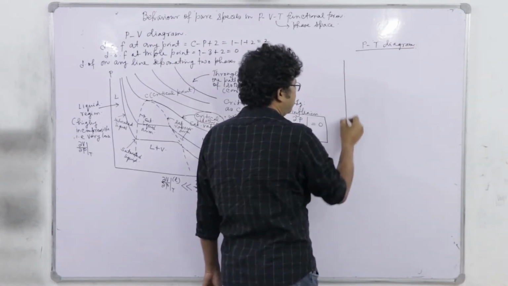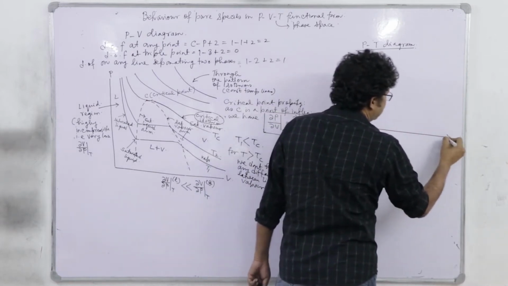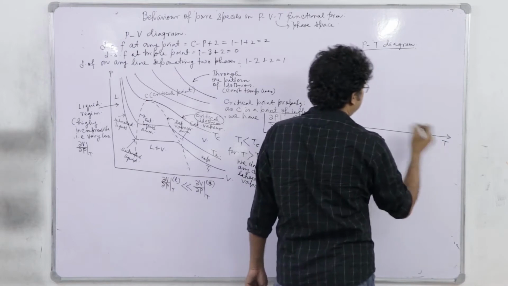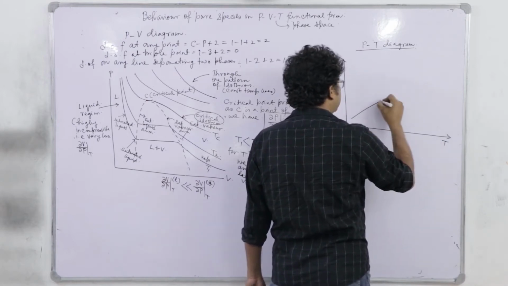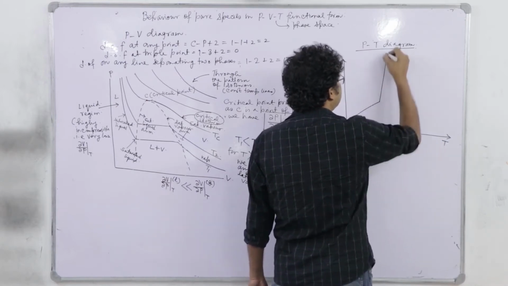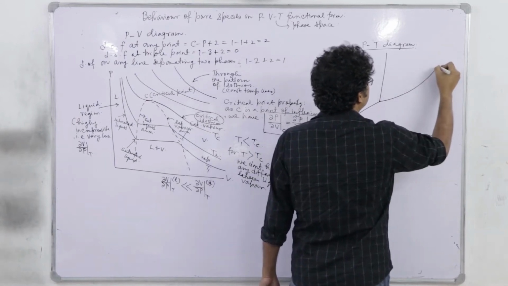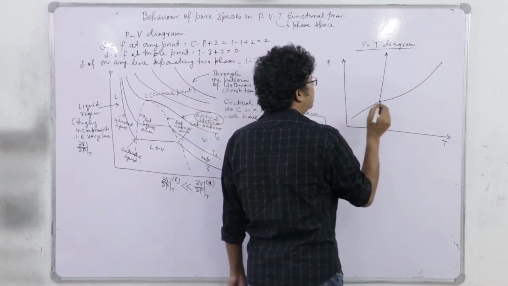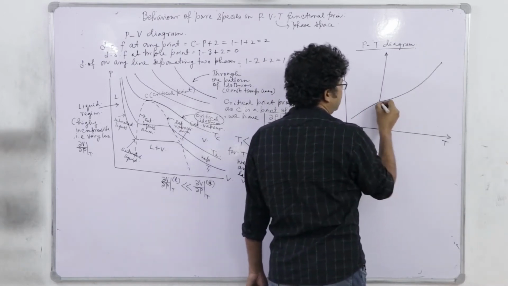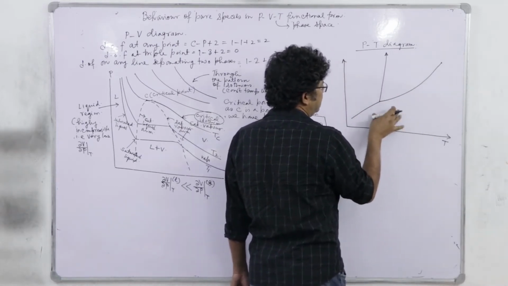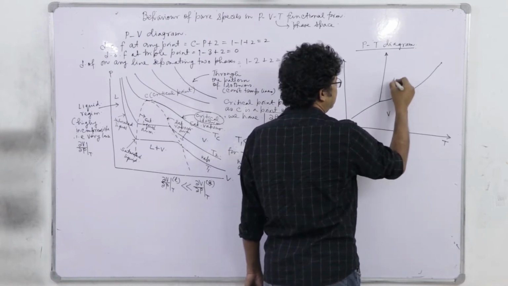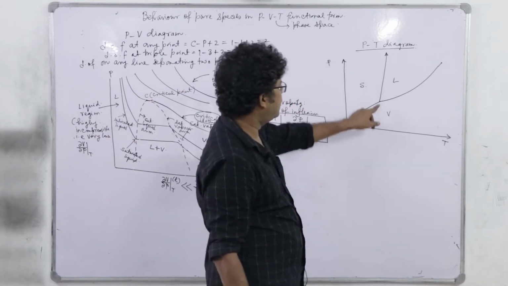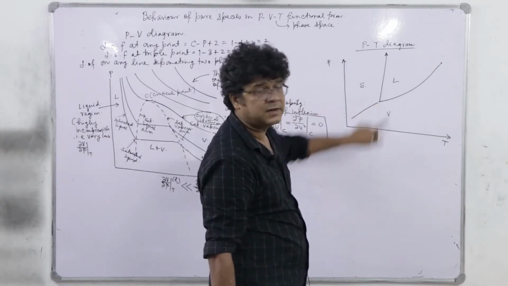Now, you see, PT diagram is more fundamental and it looks like this. So, here where the three phases coexist, this is the vapor phase, this is the liquid phase, this is the solid phase. So, the three phases coexist. So, this must be the triple point.